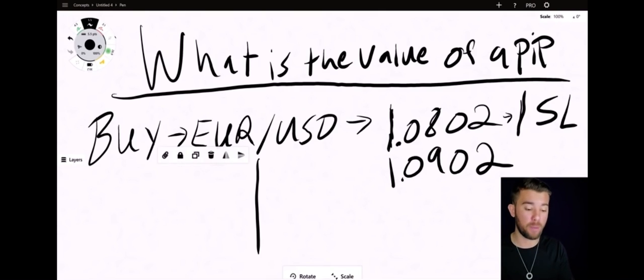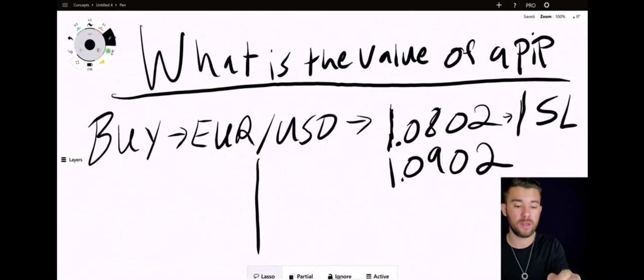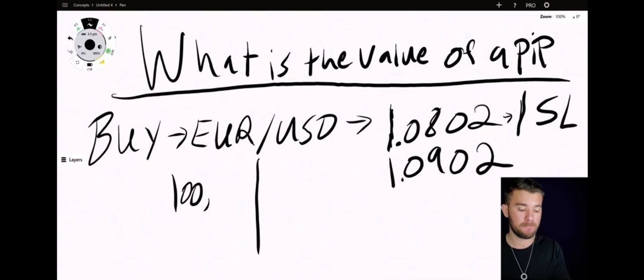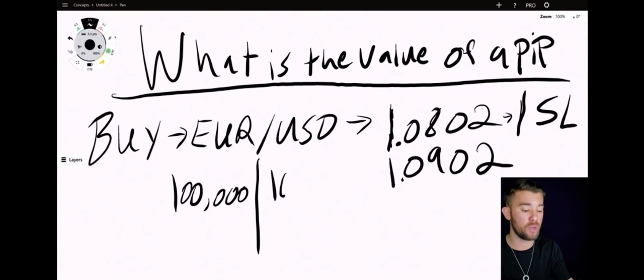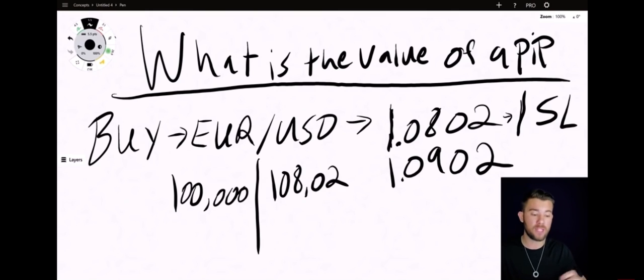So if you're going to purchase 100,000 euros, your brokerage is going to charge you the exchange rate that the market currently has, which is 1.0802. 100,000 times 1.0802 would be $108,002. So that's what you're being charged to get 100,000 euros.